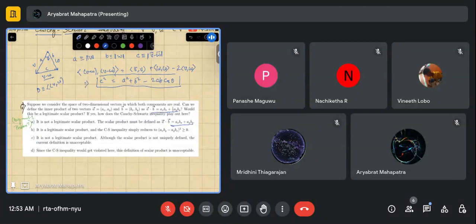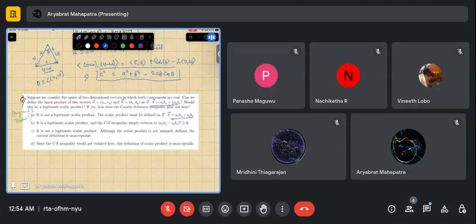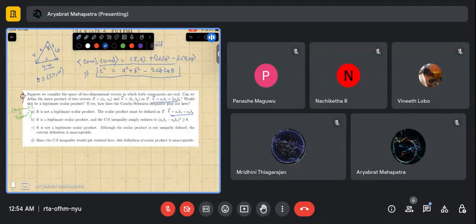To check that, we can look at the other properties of an inner product, like Hermitian symmetry, linearity, and positivity, which I think were conveyed to you during the lectures. So let's check Hermitian symmetry.